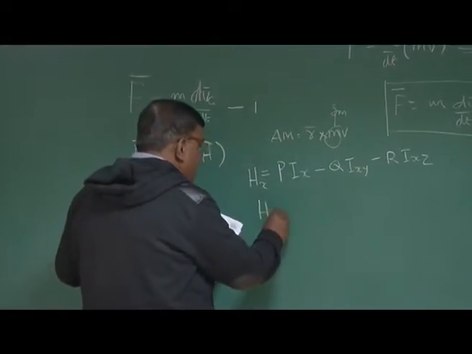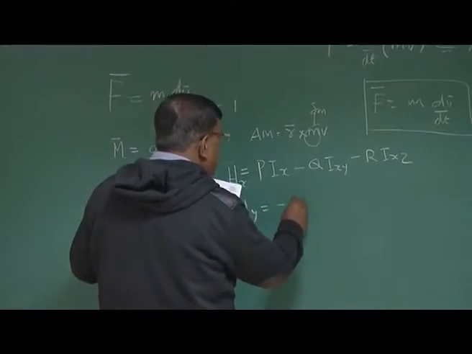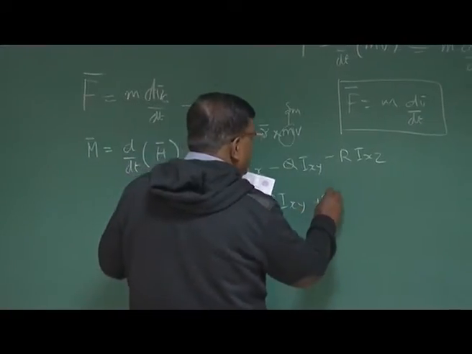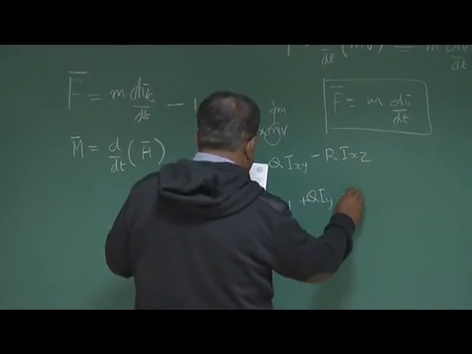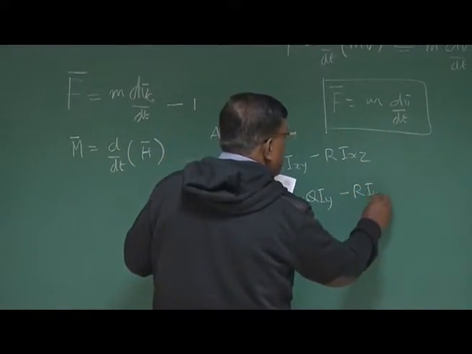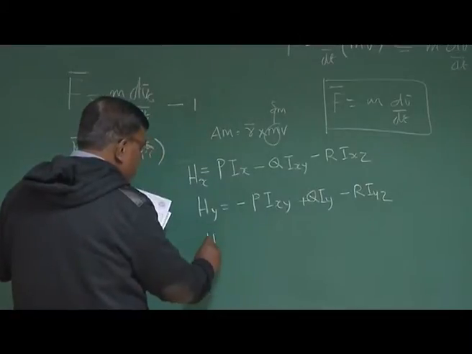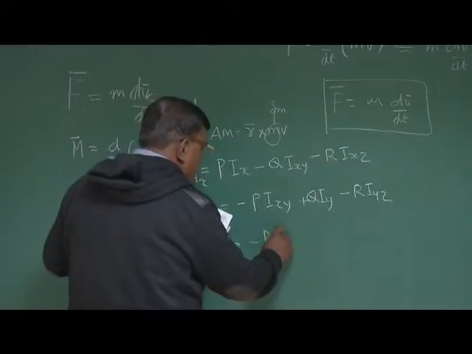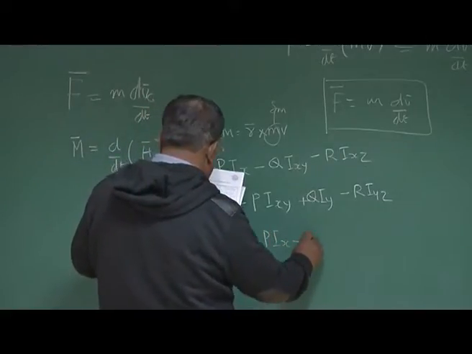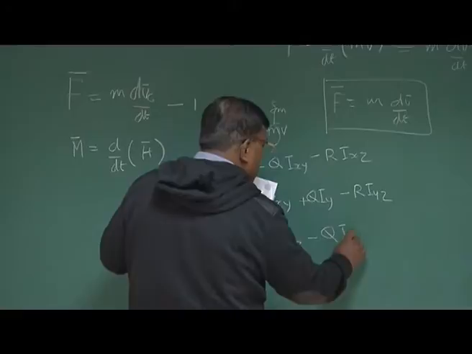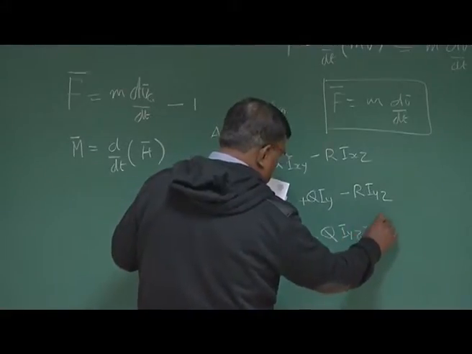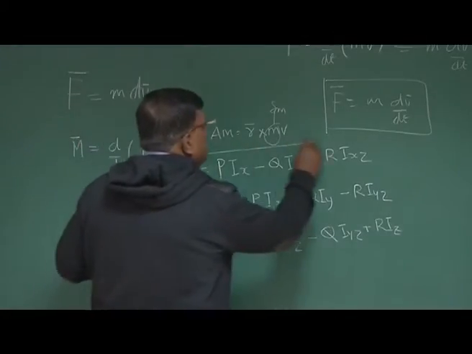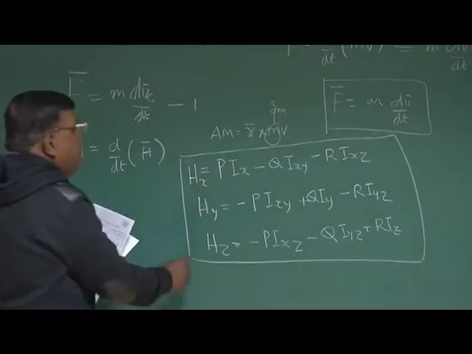Let me first write, and Hy we got as minus p Ixy plus q Iy minus r Iyz, and Hz, the z component, is minus p Ixz minus q Iyz plus r Iz. That is exactly where we ended our last lecture.